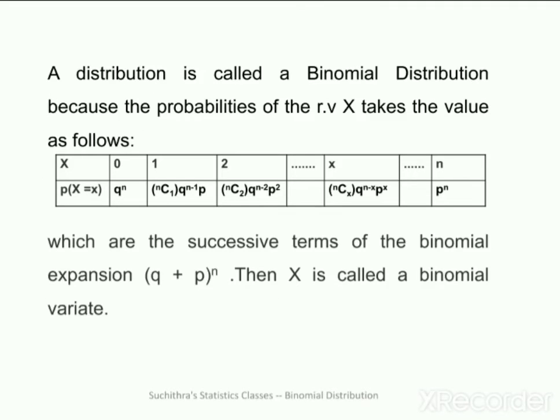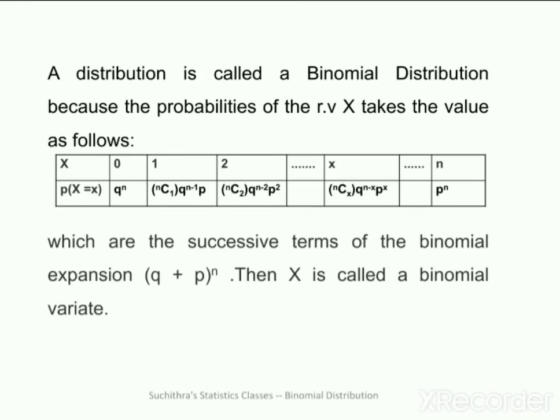A distribution is called a binomial distribution because the probabilities of the random variable takes the values as follows. If x equal to 0, it is q raised to n. If x equal to 1, it is nC1 q raised to n minus 1 p. If x equal to 2, it is nC2 q raised to n minus 2 p square.